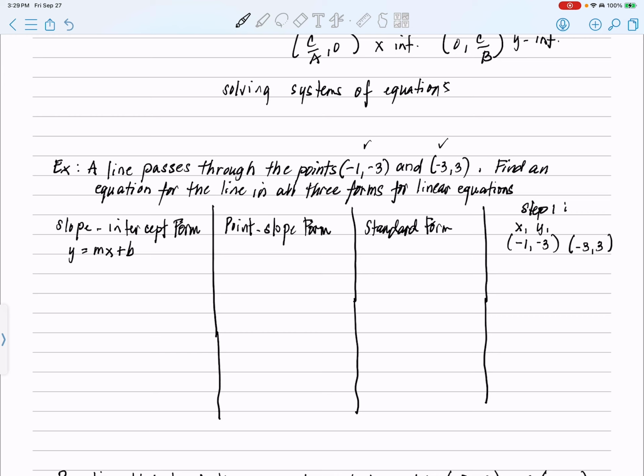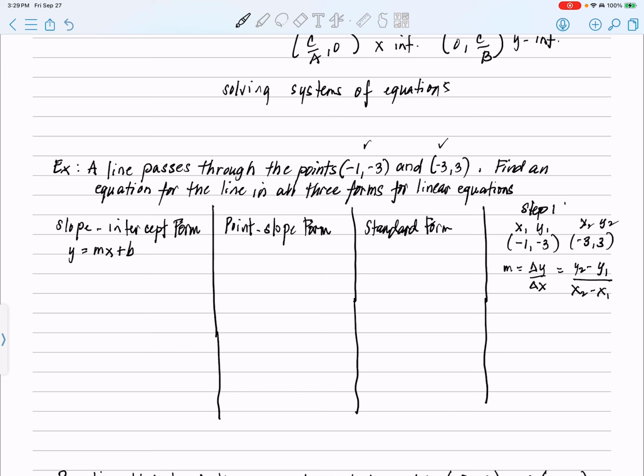You can use either point first, so I will use the points in the order mentioned in the problem. This will be (x2, y2). From the formula of slope, change in y over change in x, you have y sub 2 minus y sub 1 over x sub 2 minus x sub 1.